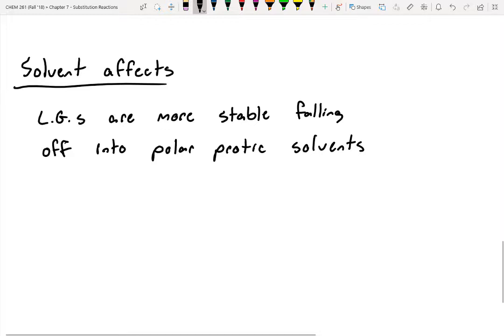So we saw this yesterday when we were talking about solvents. So typically SN1 reactions are done in polar protic solvents to facilitate that leaving group falling off.